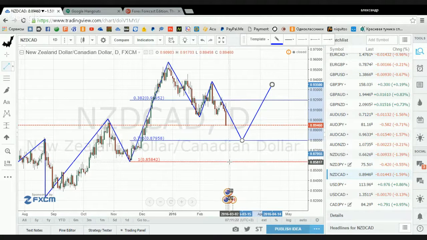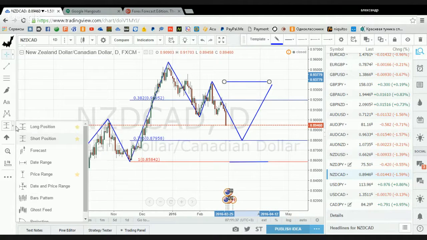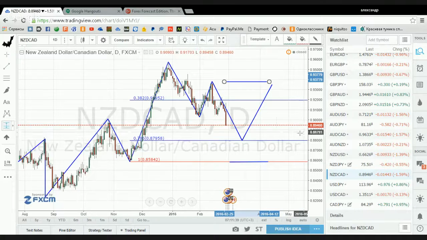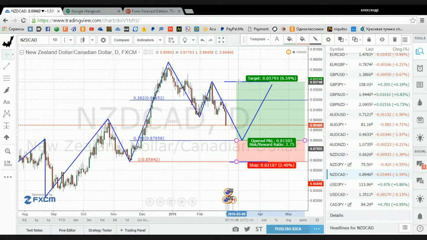This would be my stop loss. And my target is usually here, just above or near this C point, somewhere here. If you measure the risk to reward, you'll find it to be almost 2 versus 1, even greater, 2.75.